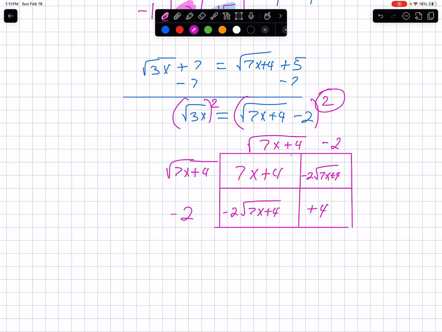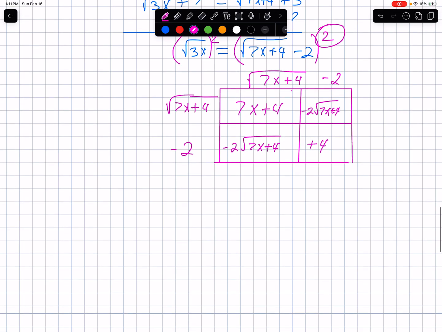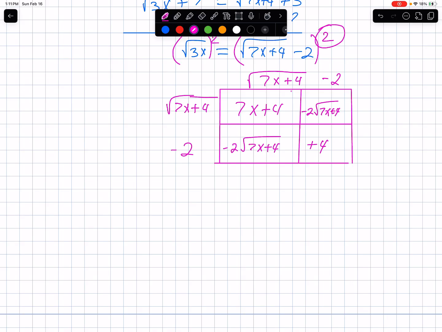So this whole side becomes, the 2 4s I just add together, so I get 7x plus 8. This side over here, I get just 3x, and then it equals negative 4, right? Because I have minus 2, minus 2. So that's negative 4 of these things, so minus 4 square root of 7x plus 4.